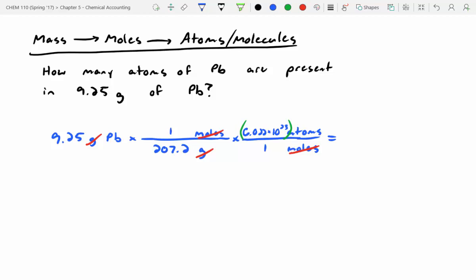Anybody want to help me? Yeah, 2.69 times 10 to the 22nd atoms. So make sure that you keep the correct number of sig figs. We started out with 3, which means we should end with 3. So 2.69 times 10 to the 22nd atoms of lead.